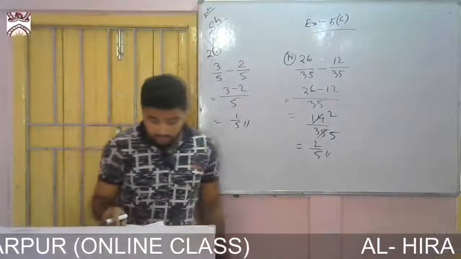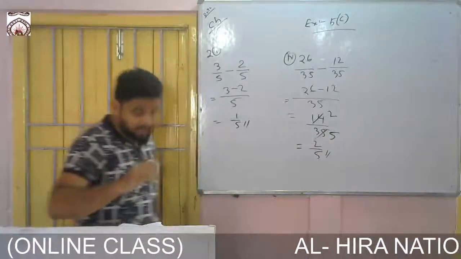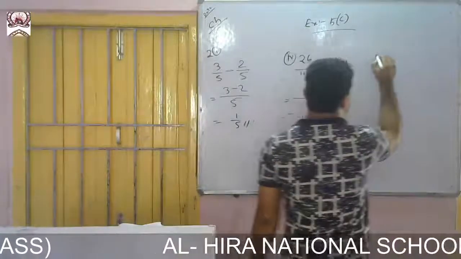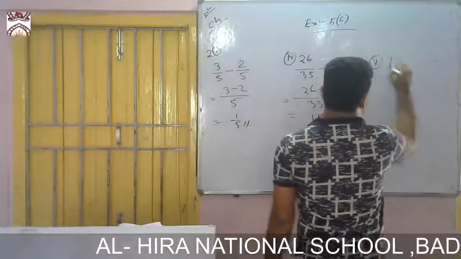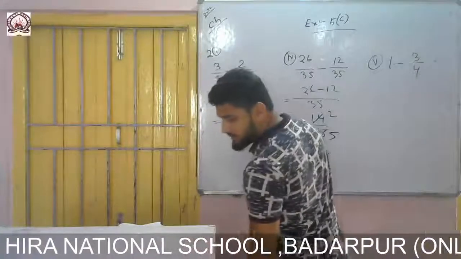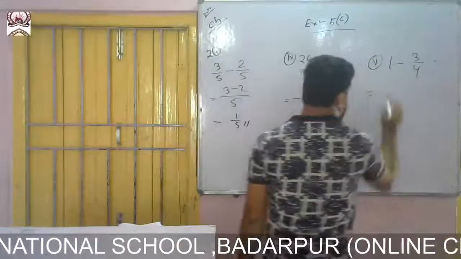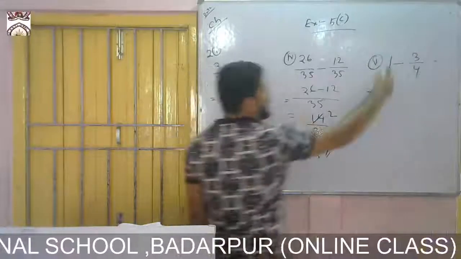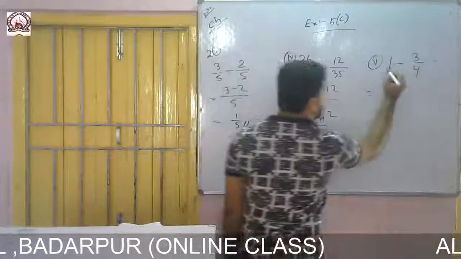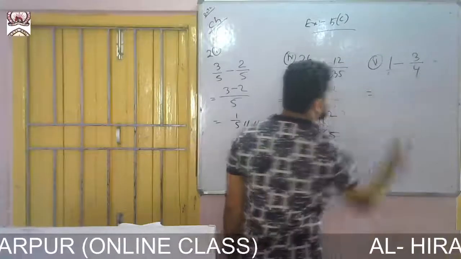Now come to question number 5: 1 minus 3 by 4. Whenever you find 1 as a whole number and the other as a fraction, you think that there is a denominator 1.